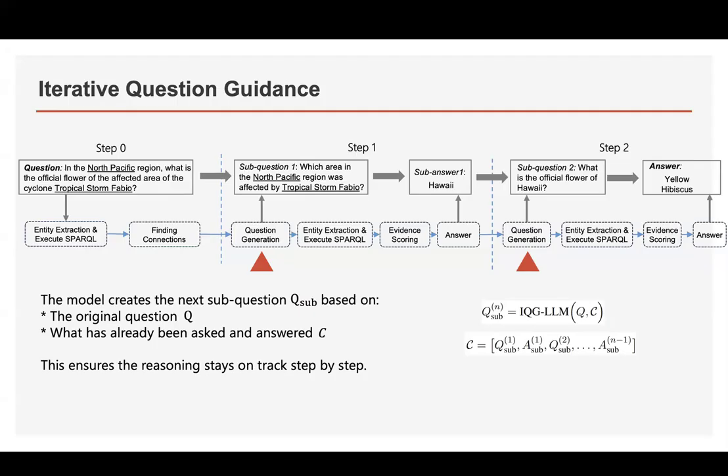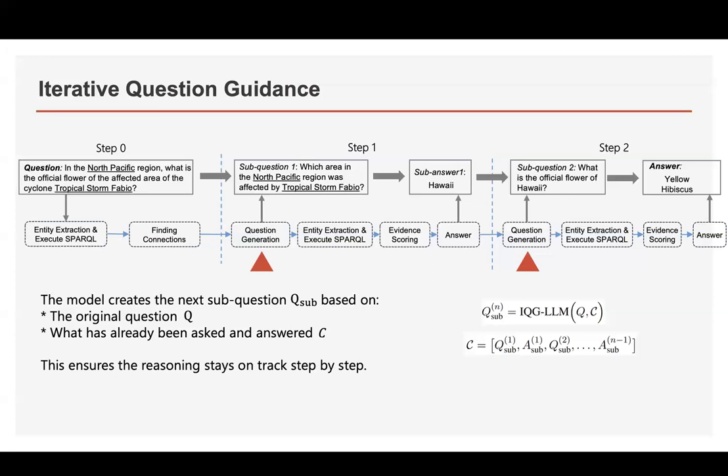That means I put all of the historical information together with the original question and ask the LLM to think about what status we are at, what the next question should be, and then generate it.